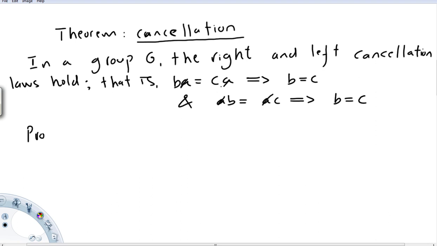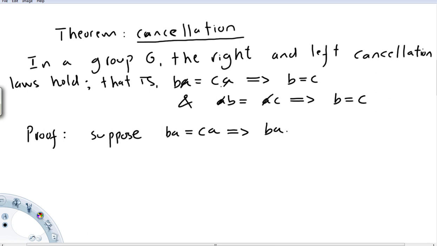The proof is also very elementary. Suppose we have BA equals CA. This is a group, so each element will have an inverse.